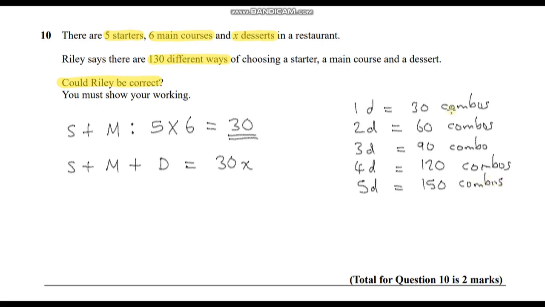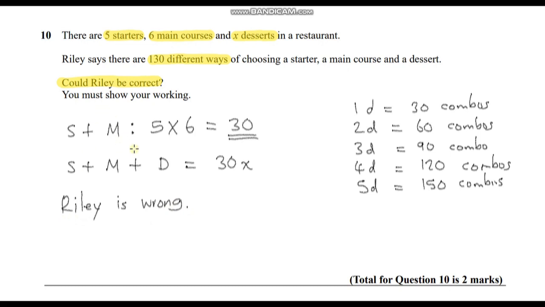So these are the possible combos he could have. So he cannot be correct because Riley says there are 130. Because the desserts needs to be a whole number, you can't have like 4.5 desserts. It has to be either 4 desserts or 5 desserts. Riley is wrong. So we have to write that down. Riley is wrong.